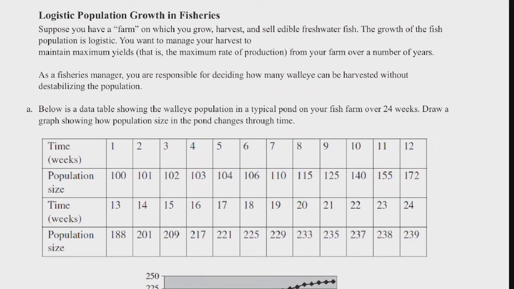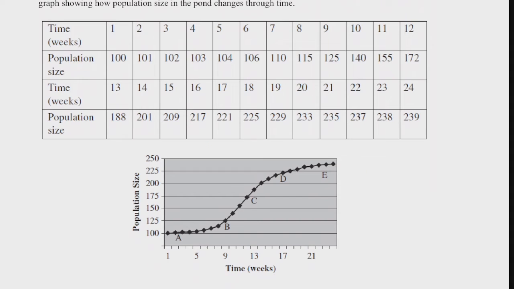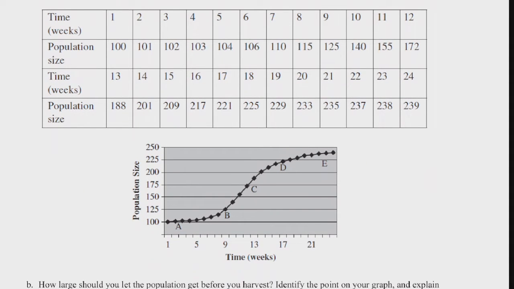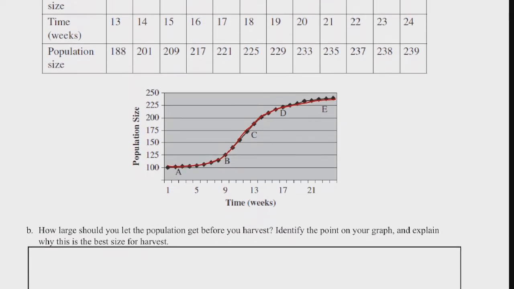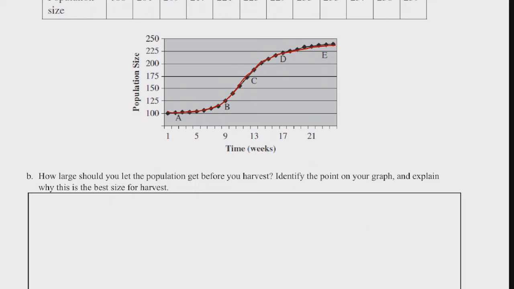Lucky for y'all, I've interpreted this data table, and we have this graph that corresponds. To answer question B, how large should you let the population get before you harvest? What we know is that the rate of production is fastest where the slope of the curve is steepest.